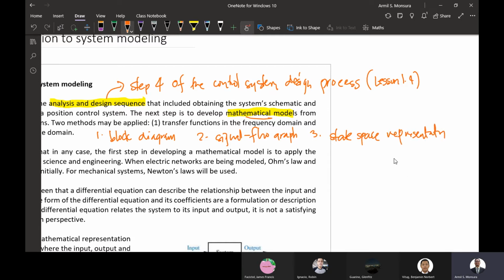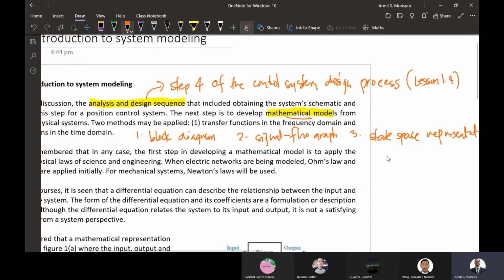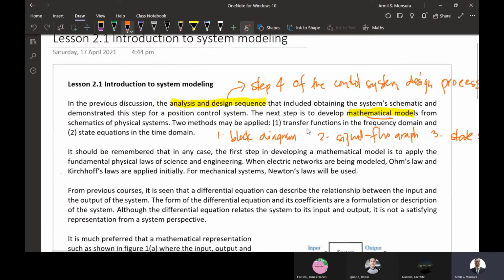Okay, yan yung tatlong ways by which you can develop the mathematical model of your physical system. Okay, ngayon dito sa lesson natin dito, it specifies that 2 methods may be applied. So either we develop transfer function in the frequency domain, or we develop state equations in the time domain. Okay?